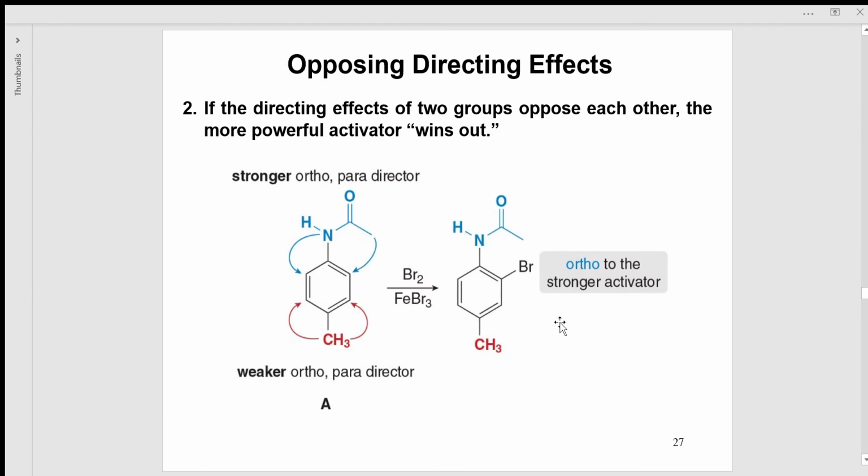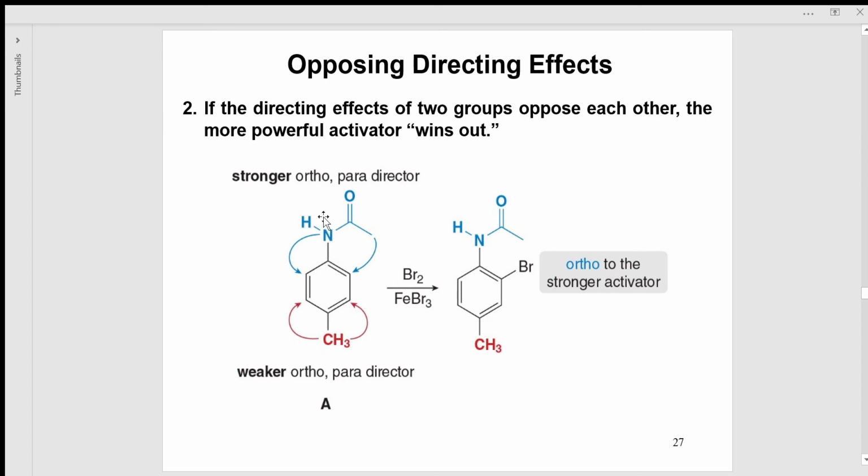The second example here. So we have two groups here. We have an amine group here and a methyl group here.